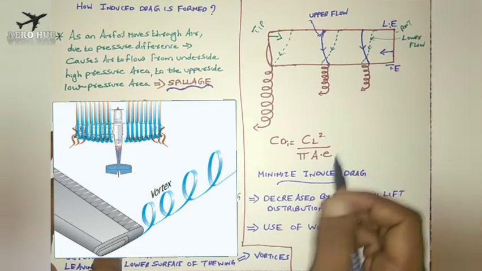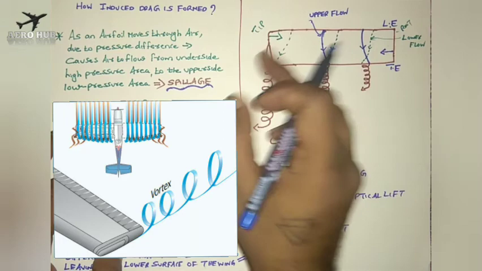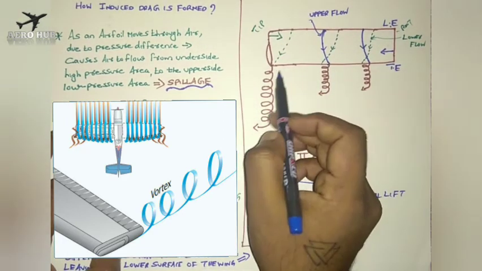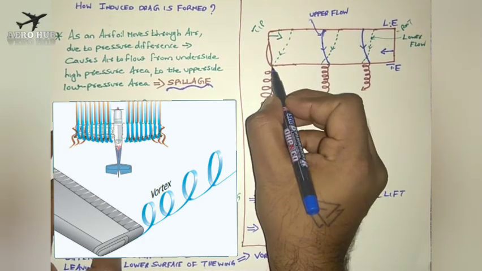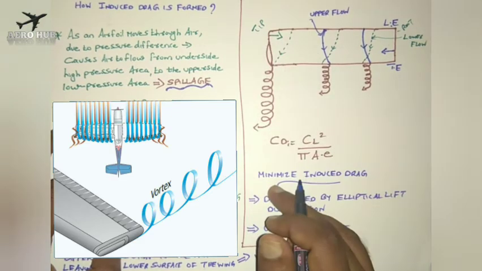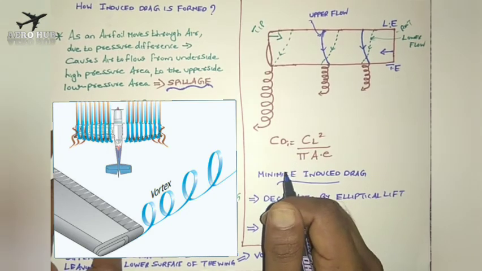The size of the vortex increases from root to tip, because there will be a difference in pressure from root to tip, and there will be a large amount of vortex formation at the tip of the wing. This is the reason behind the creation of vortex drag.